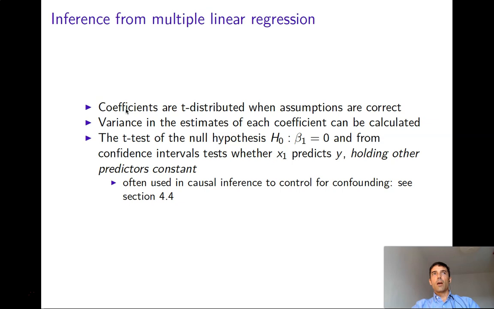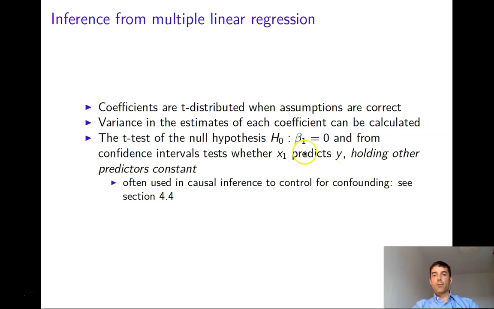So under the null hypothesis that there is no association between a predictor and the outcome, that coefficient will be t-distributed, and that gives you a way to perform a hypothesis test against the null hypothesis of the coefficient being 0. Then the variance in the estimates from each coefficient are calculated and used in this t-test against the null hypothesis of the coefficient being 0.